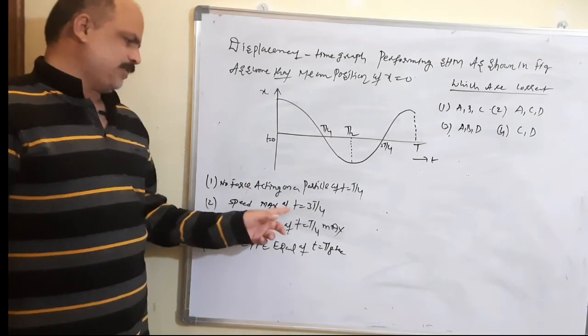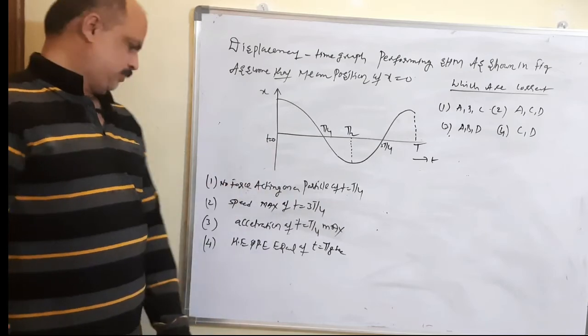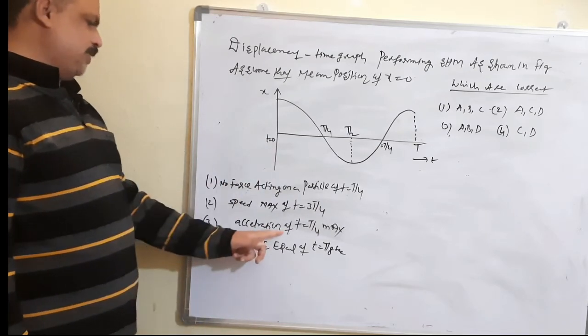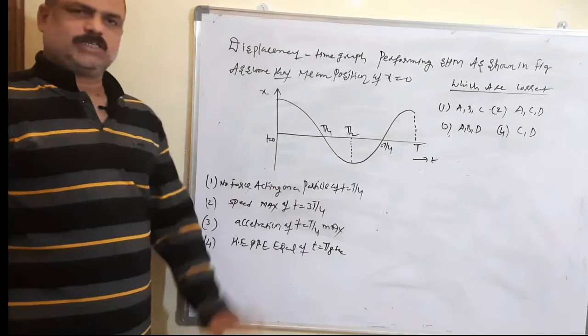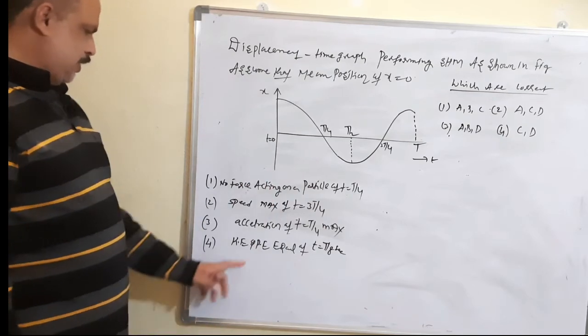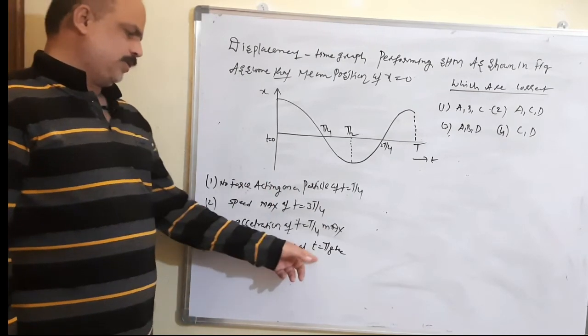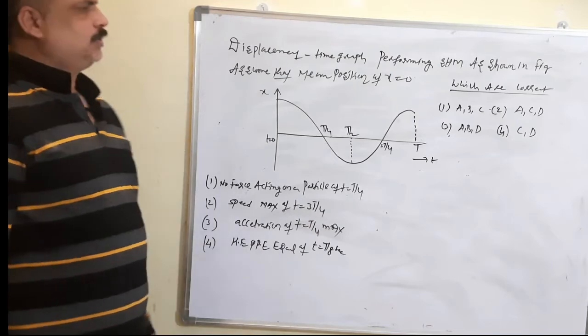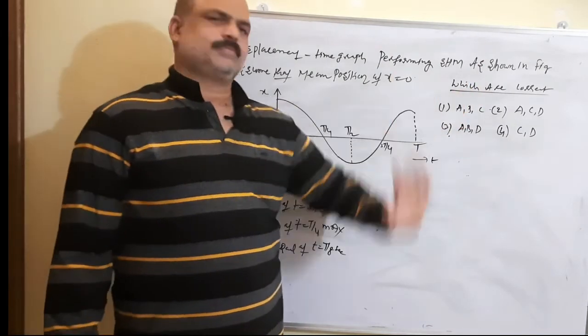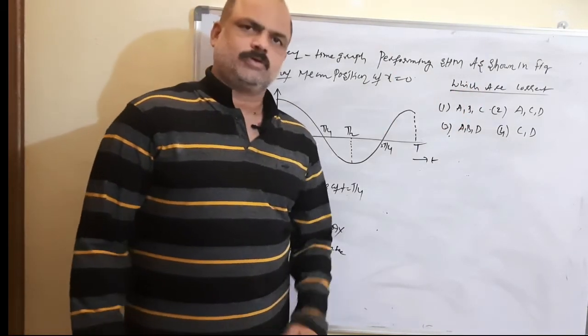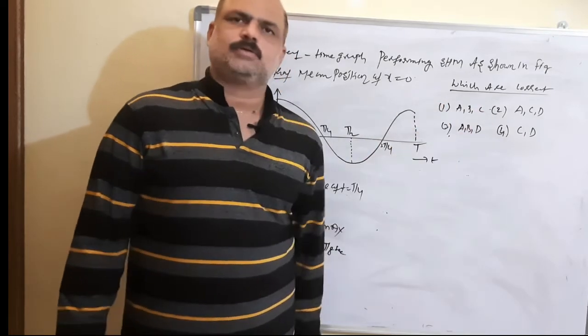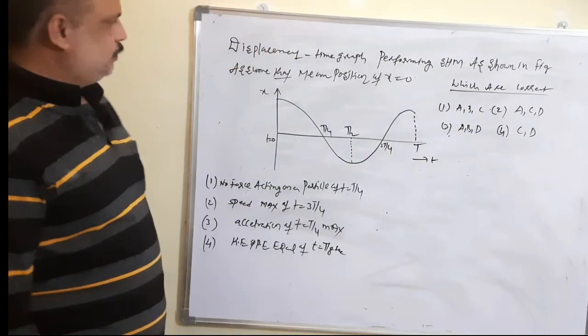Speed is maximum at t is equal to 3T by 4. Acceleration at t is equal to T by 4 is maximum. Kinetic energy and potential energy are equal at t is equal to T by 8 seconds. Which are correct? So we have to choose which option is correct.